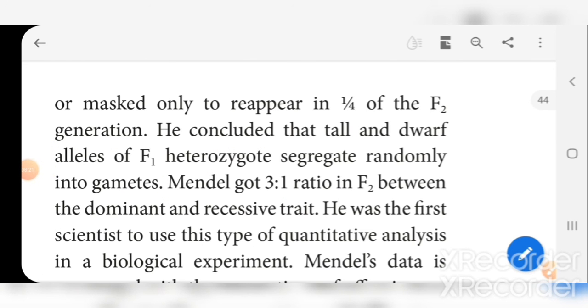Okay students, in this second session we have studied the 7 pairs of contrasting characters, the genes responsible for them and their location on the chromosome, and which one is responsible for the purple color in pea plant.